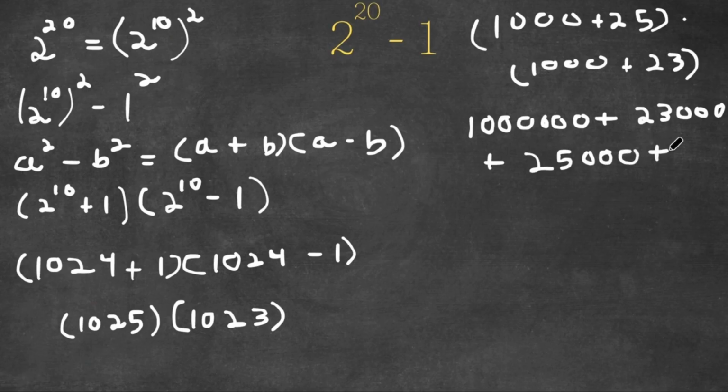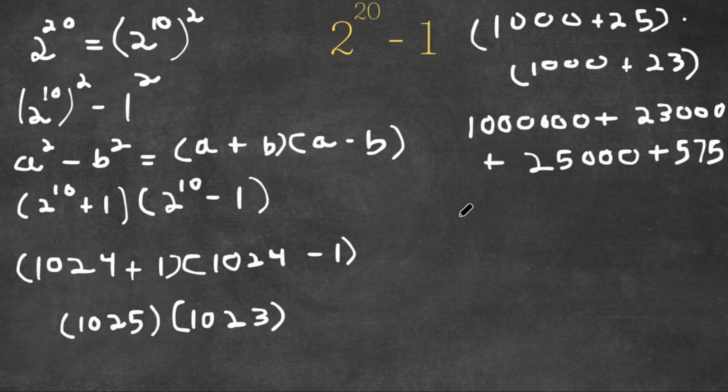Plus, now we have 25 times 23, which is going to be 575. So now all we have to do is simply add all of these up.